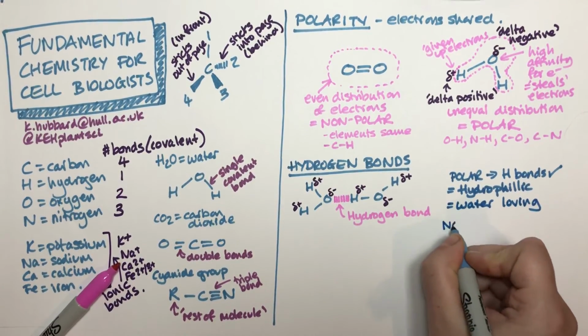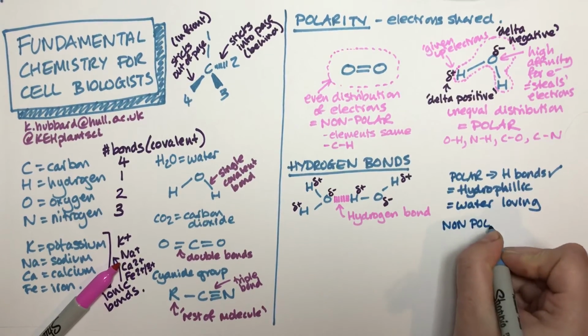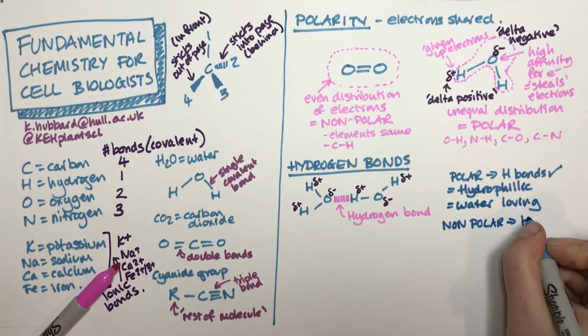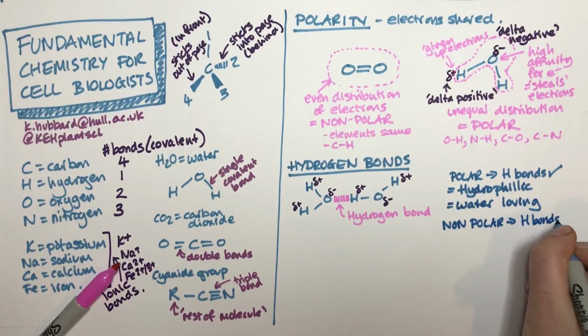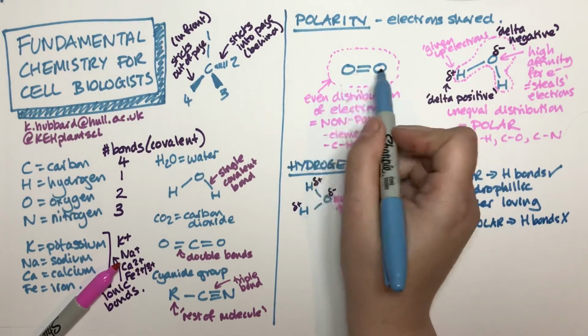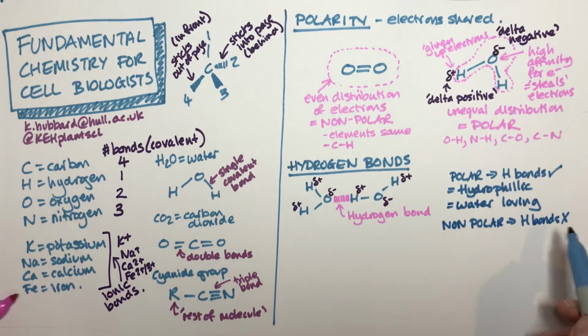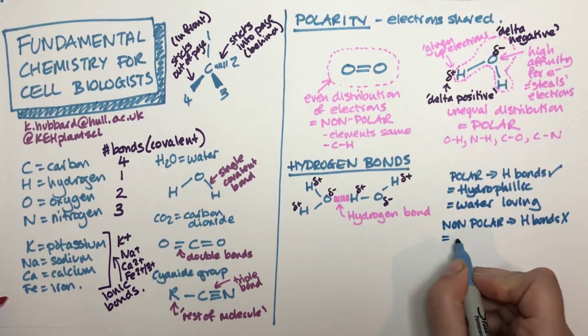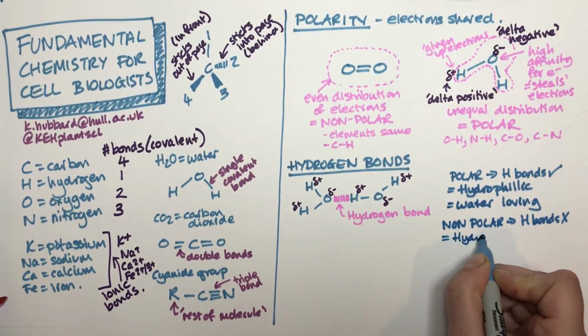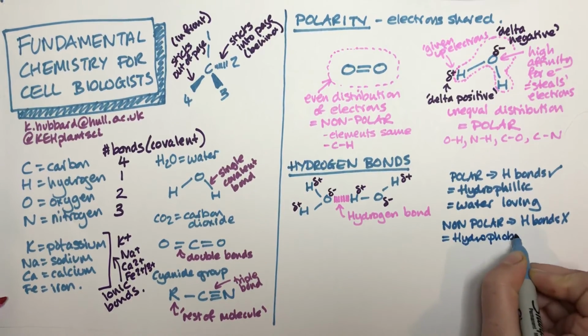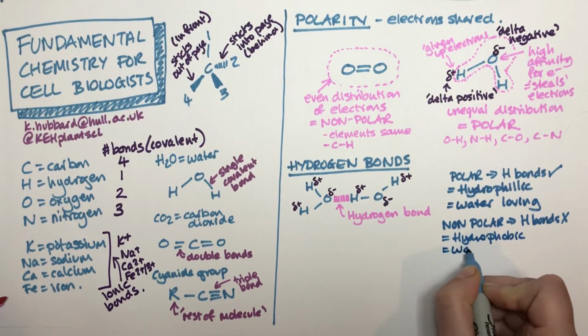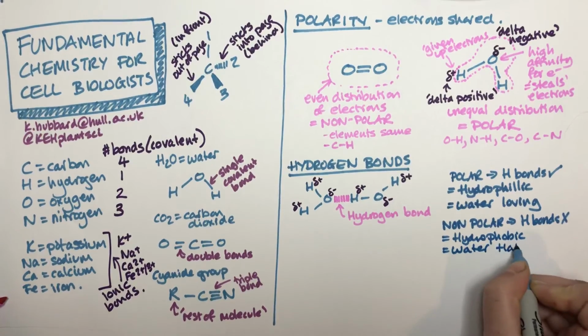If you're non-polar, you can't form hydrogen bonds because your electrons are evenly distributed. You've not got positive and negative bits, it's all evenly distributed. So you can't form a hydrogen bond, therefore you are hydrophobic. You are water hating.